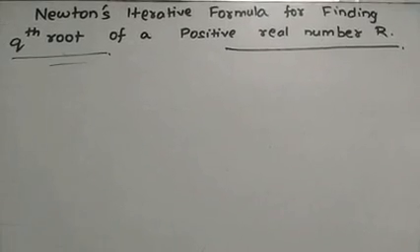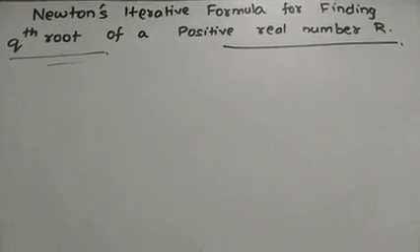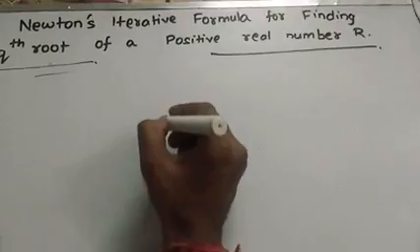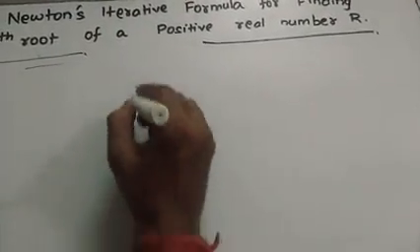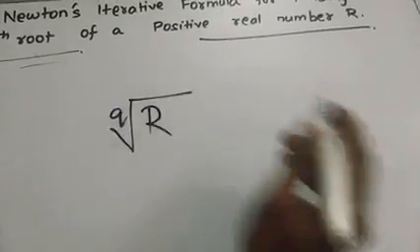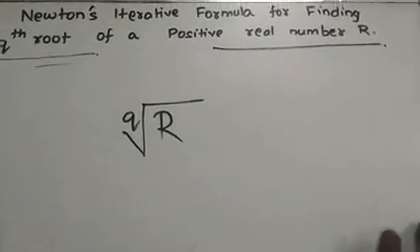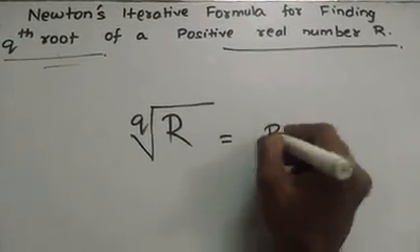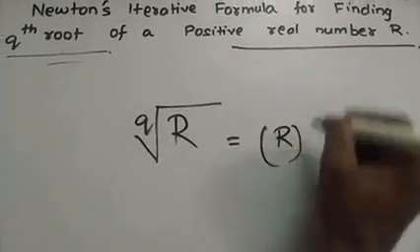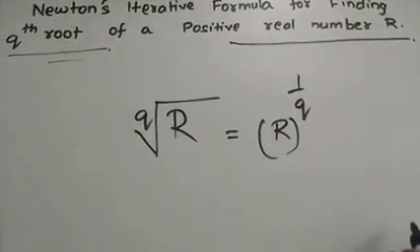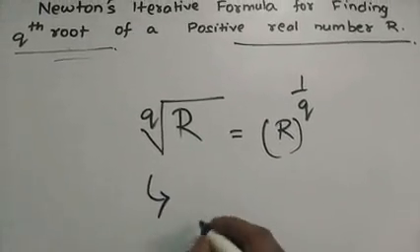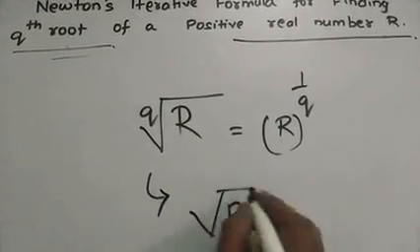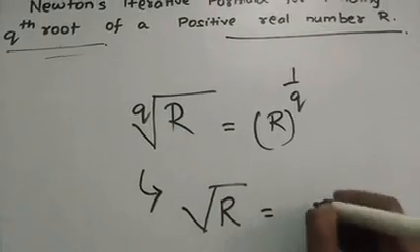Now what is the meaning of the qth root of a positive real number r? This is your real number r, and its qth root means it can be written as r to the power 1 by q. For example, if I say square root of r, what is the power of r?